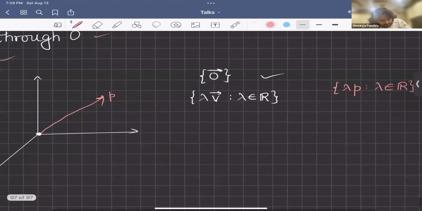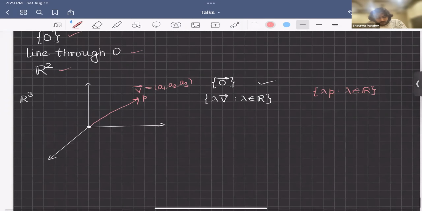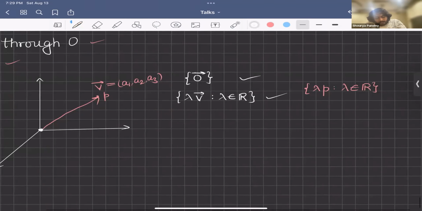If you've not seen vectors before, I'm just using V for a coordinate in the space, so it could be some A1, A2 up to AN. Here it's just three-dimensional, so the point in the space. So these are vector spaces, and note that these are exactly lines through O. As you vary V, you'll get different lines through the origin.